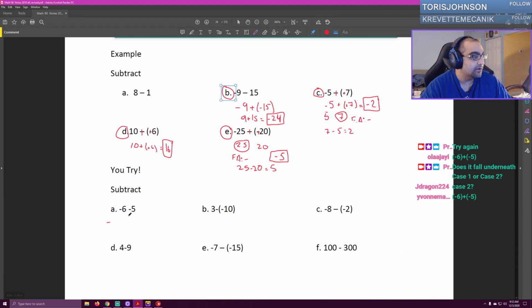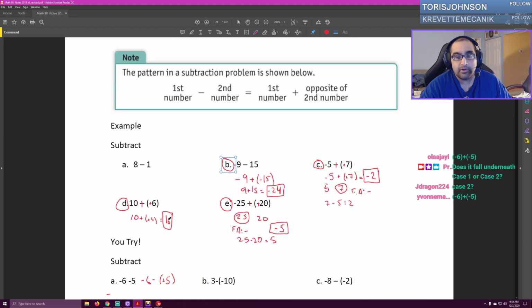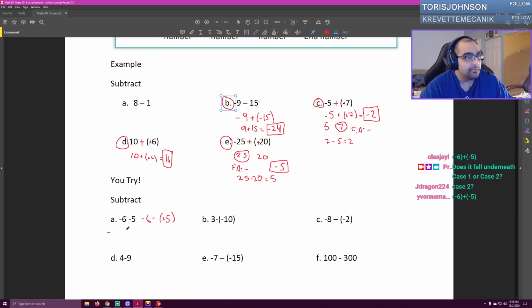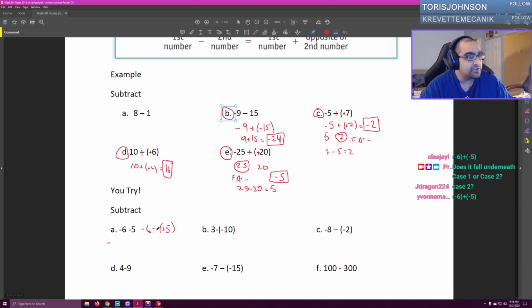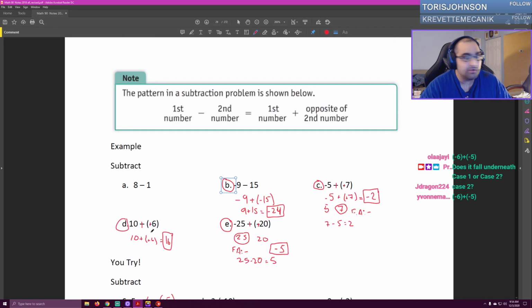Take a look here. If you write negative 6 minus 5, that's negative 6 minus a positive 5. So if you say this out here, this is negative 6 minus positive 5. That's another way to write this problem here. But I want to rewrite it in terms of addition in the middle here.